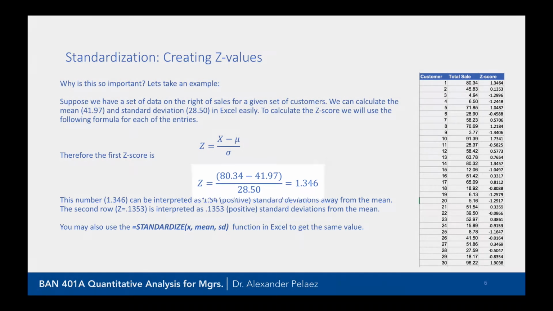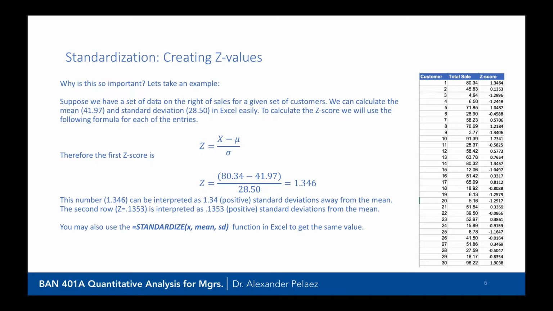When we do that, we end up with 1.346 for the first entry. The reason this is important is because now this can be interpreted as 1.346 positive standard deviations away from the mean. The second row is interpreted as 0.1353 standard deviations from the mean.